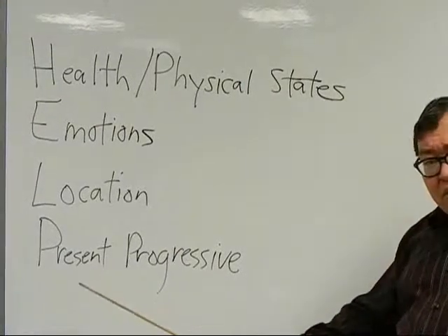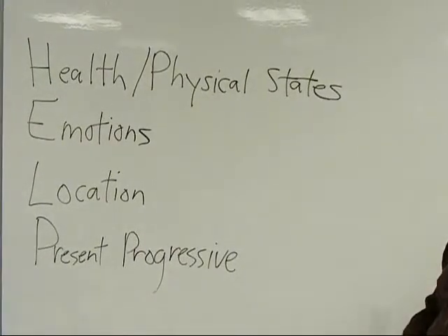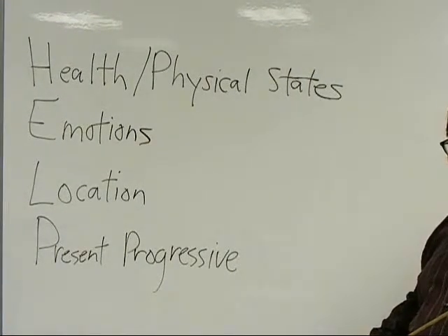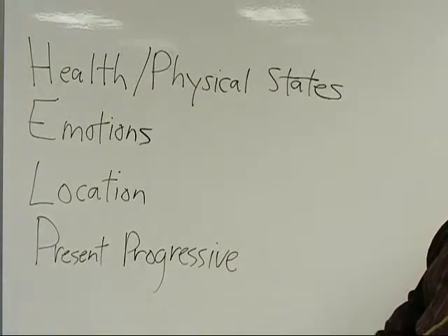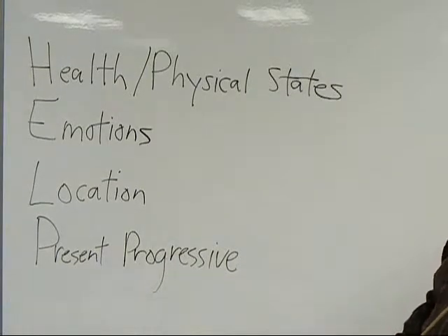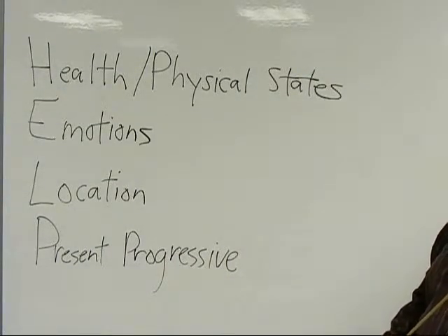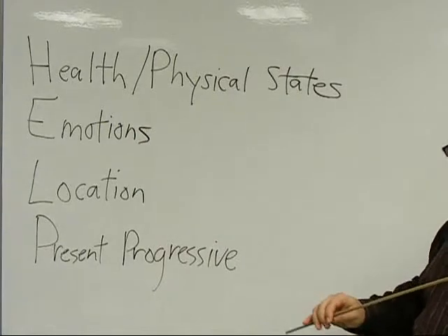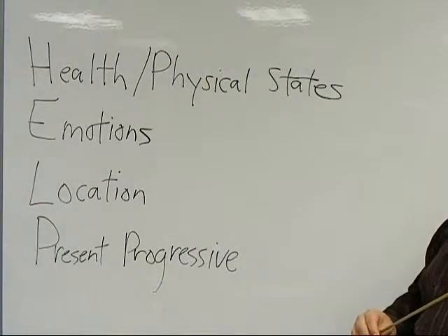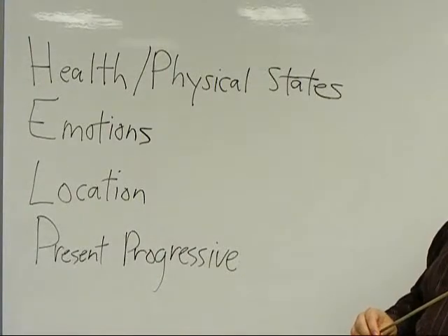And then finally we have the P, which is for the present progressive tense. The present progressive tense in English would be something like, I am eating. You have a form of the verb to be with an ing word. And in Spanish, the form of the verb to be would be the verb estar, not ser, and an ing word. And that particular combination you won't see in the Arriba textbook until actually chapter 5.